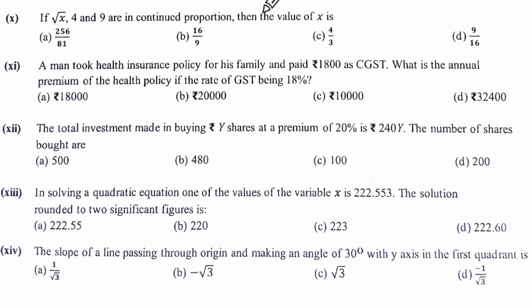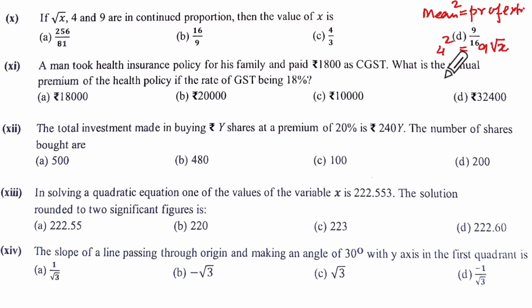These are in continued proportion. Continued proportion means mean square is equal to product of extremes. Correct? What is mean square? 4 square is equal to 9 root x.